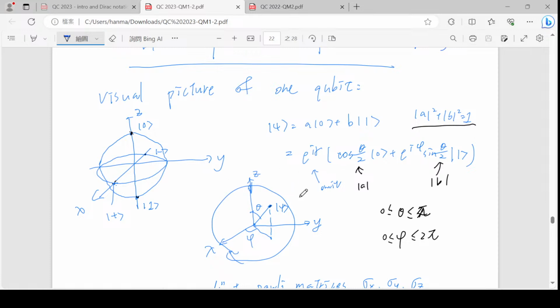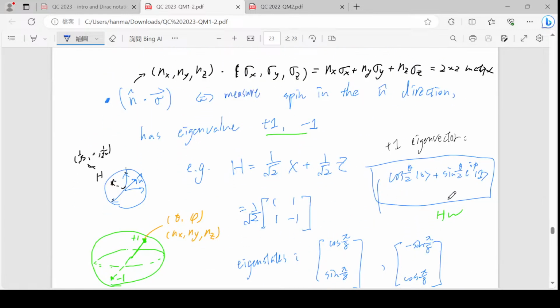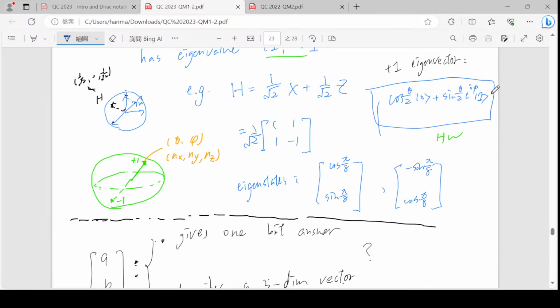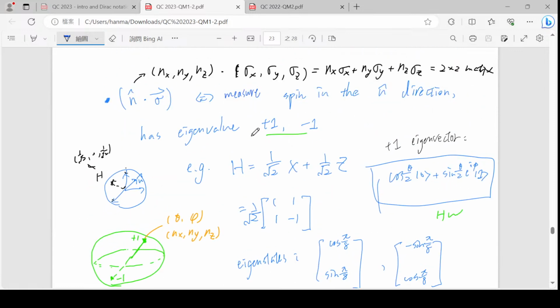You put in the corresponding theta and phi for the x-axis point, the y-axis point, and the z-axis point, and you should see they are the eigenvectors of sigma x, sigma y, sigma z. And in the homework, you should check that this general form is the eigenvector of the general n hat dot sigma.